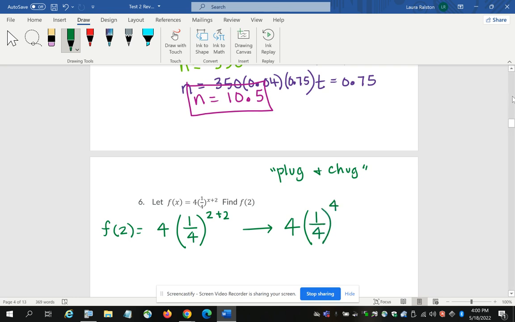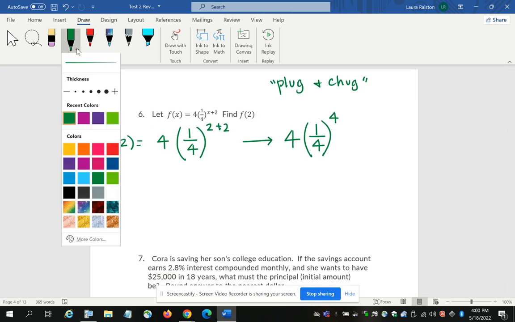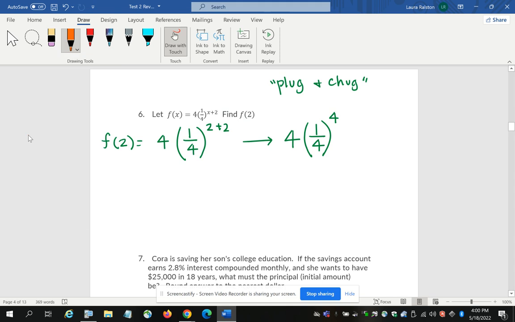Now I can do that on my calculator, and I will show you how to do that in just a minute. But I'm going to walk it through in baby steps here so you can see the steps. Okay, so I would do the exponent first. So I would have 4 times 1 to the 4th power is 1. 4 to the 4th power, 4 times 4 is 16, times 4 is 64, times 4 is 256.